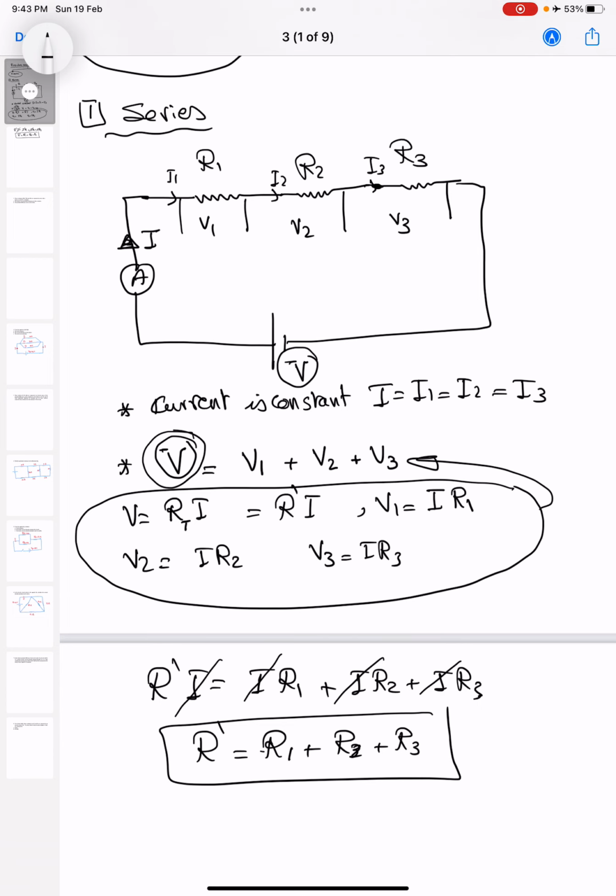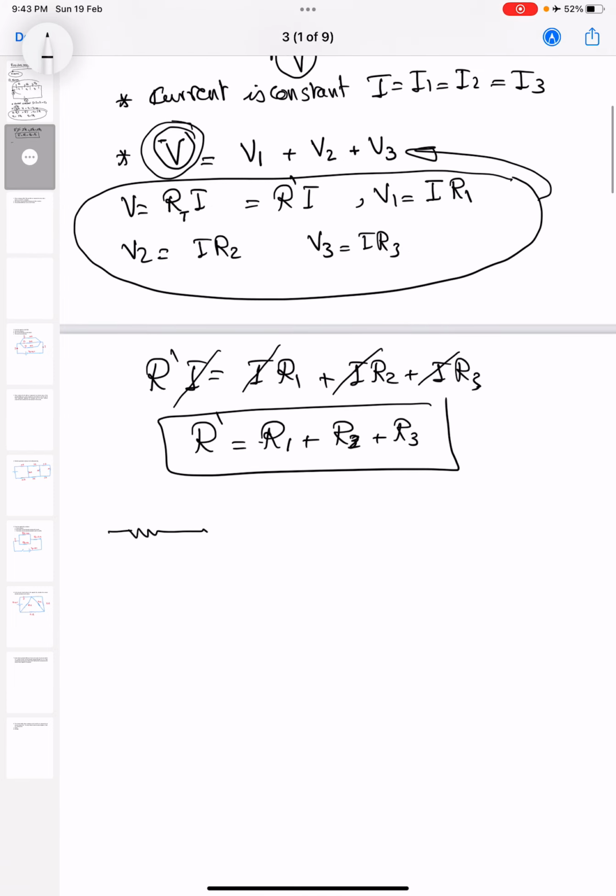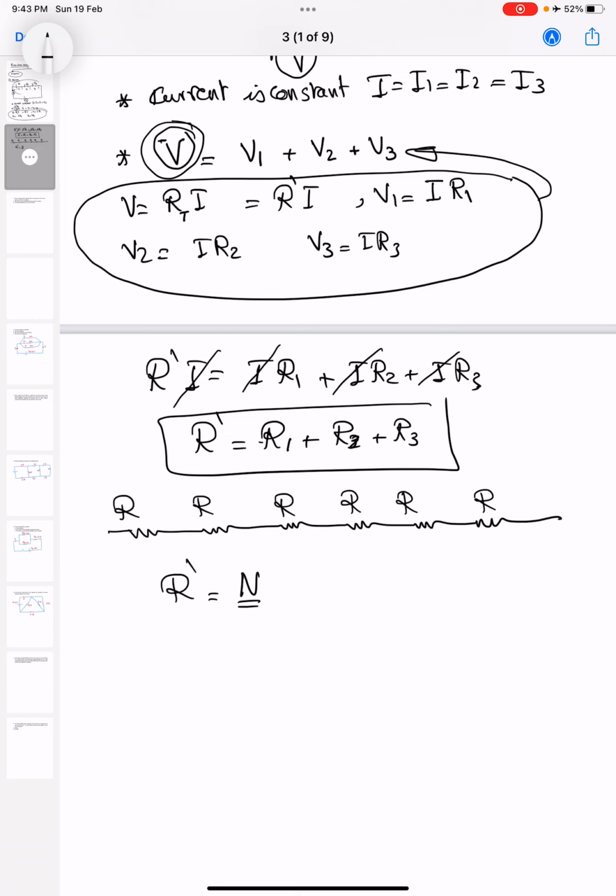Okay. If we have n number of resistances, like that, all resistances have the same value. So R total or equivalent resistance equals the number of resistances times the value of one of them. This is if all resistances are equal. Okay.